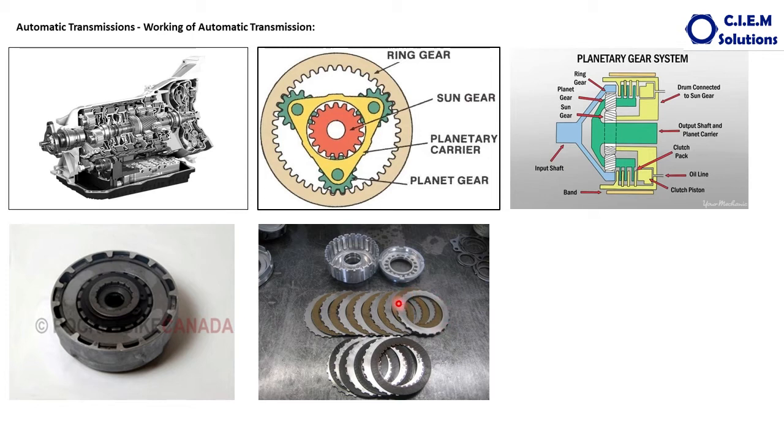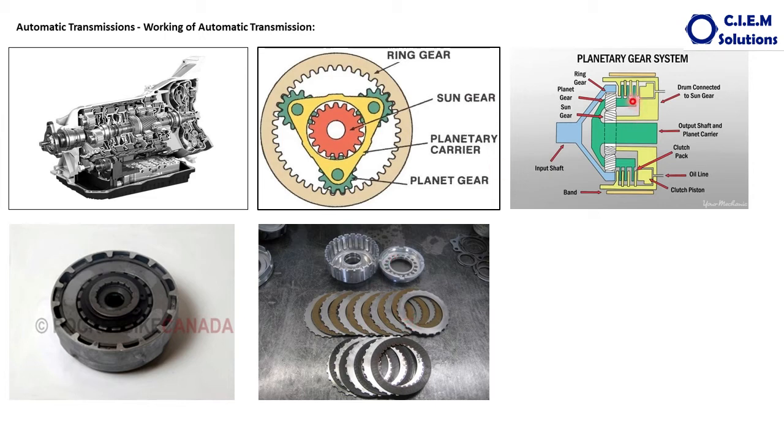The other is the friction plate, made with graphite and some other alloy material, which in the majority of cases has internal teeth. A combination of reaction plate and friction plate is called the clutch pack. It will be placed one over the other, assembled like this, and a retaining lock will be placed. How they function, you can see here.